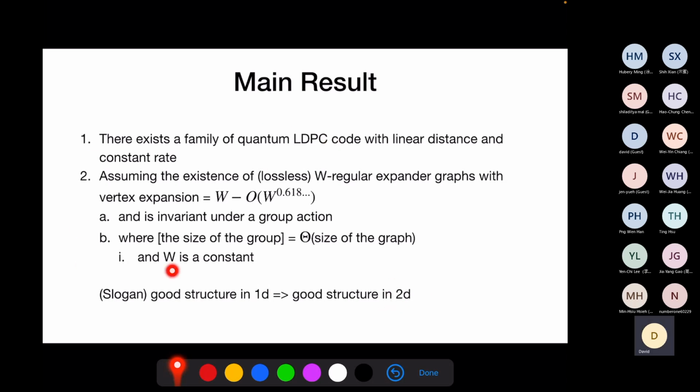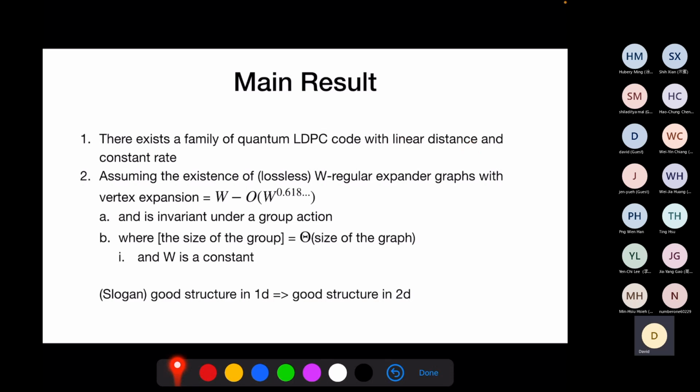So this result is saying that if you have a nice structure in 1D, oftentimes you can extend it into a nice structure in 2D. In this case, if your graph has nice vertex expansion, then your 2D code has linear distance. So this could be a more general phenomenon.